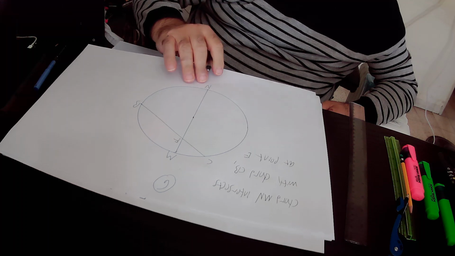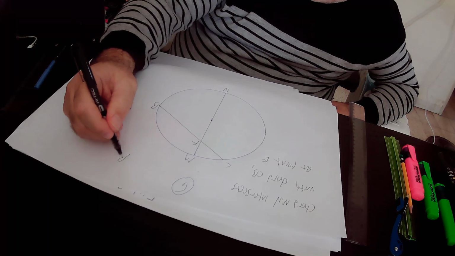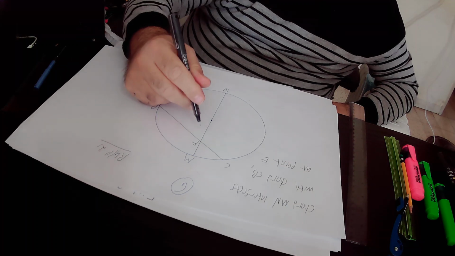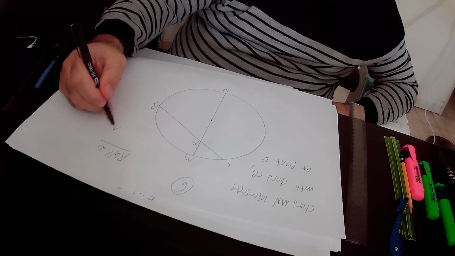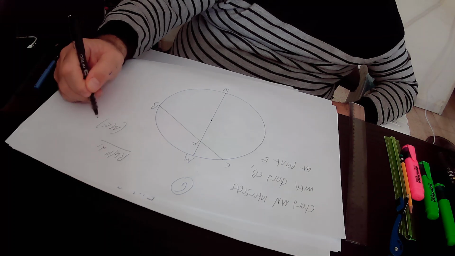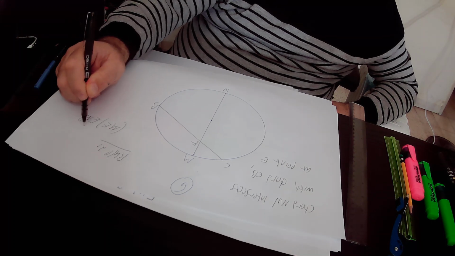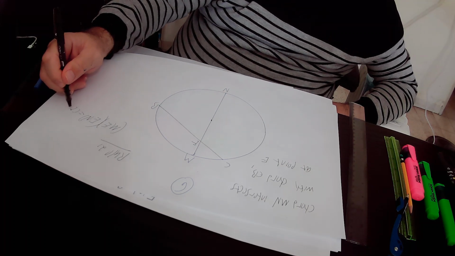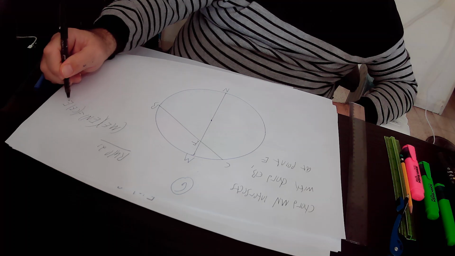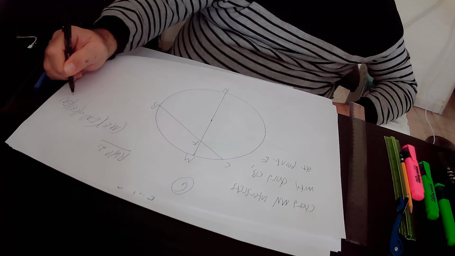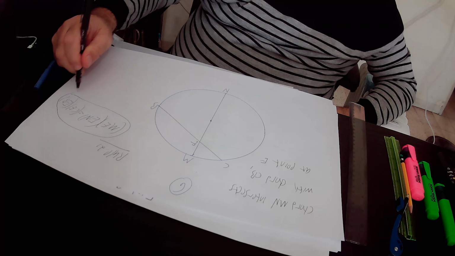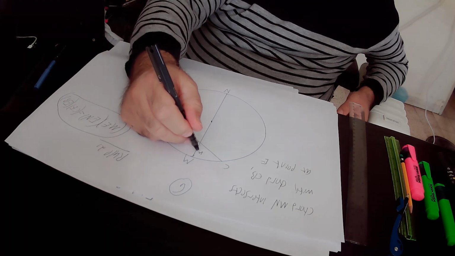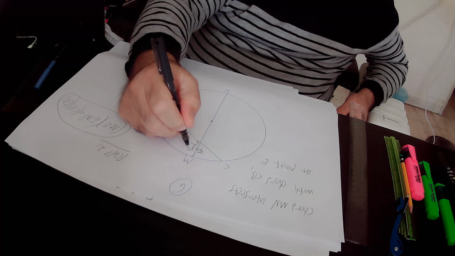Therefore, according to rule number 2, we get that ME times EN equals CE times EB. We have already found out that ME equals the square root of 10 minus square root of 5.